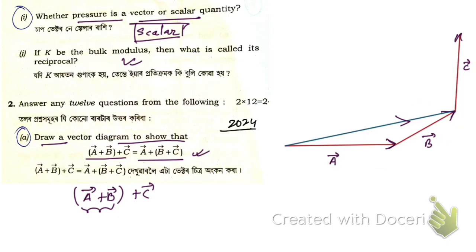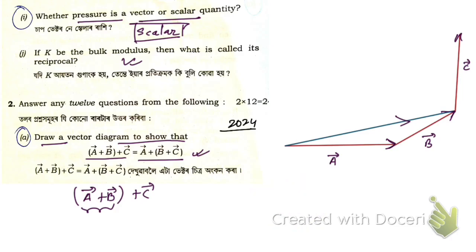Okay, that means you can consider this one. This is a triangle, these two are in same order, and this is in opposite order. That is the order, you can consider that way, right? So if you draw these three vectors in this way, so these three are in same order, right? Hope you have understood this.